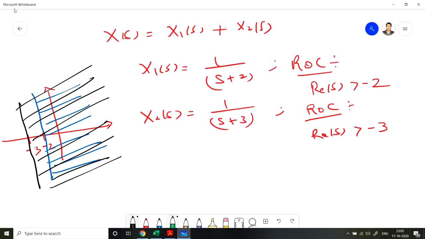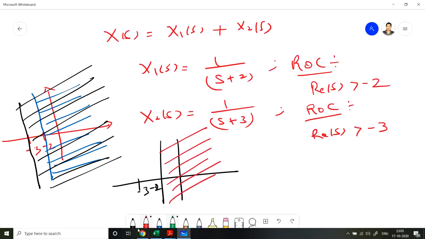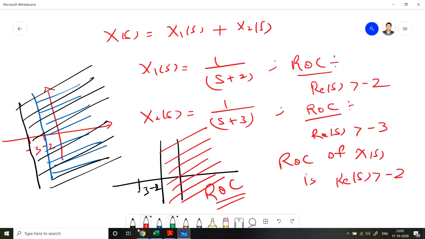The common overlapping region is real part of s greater than minus 2. So this is the region of convergence of X(s).